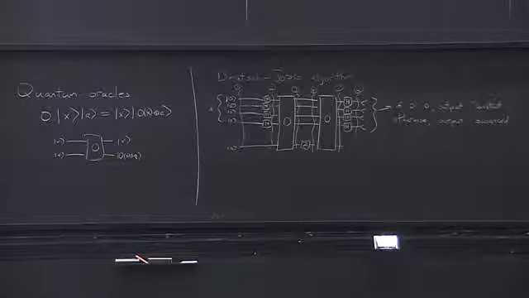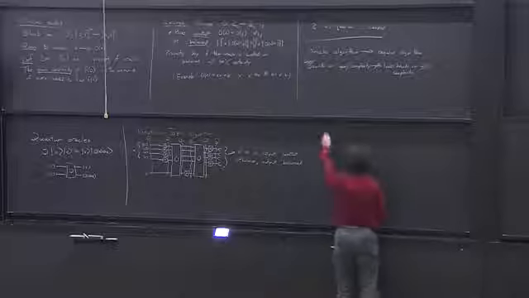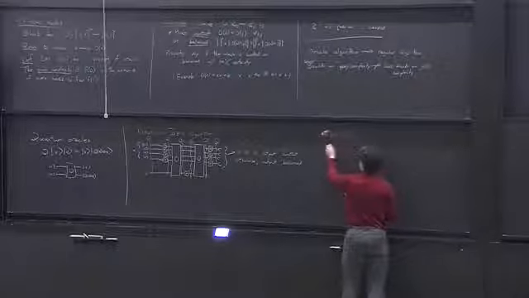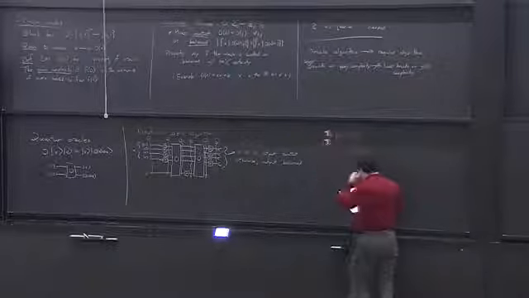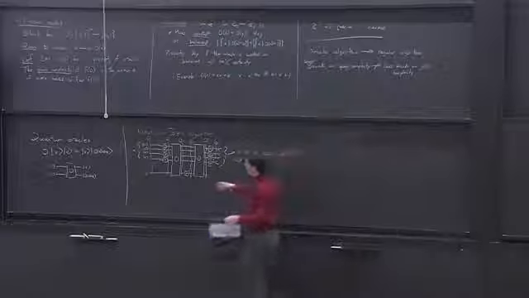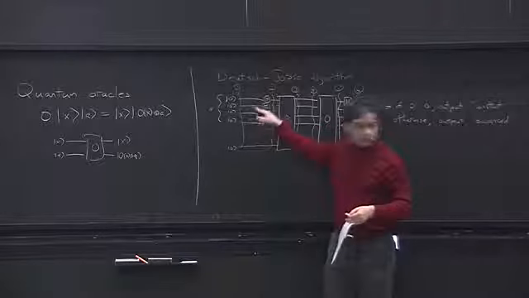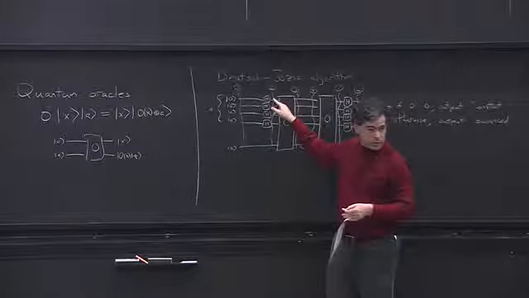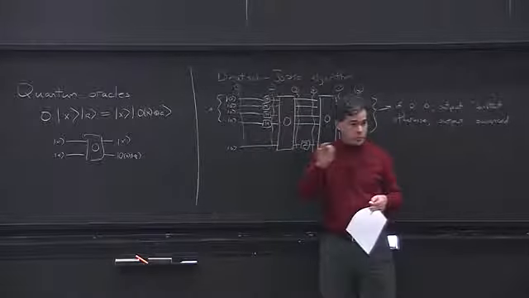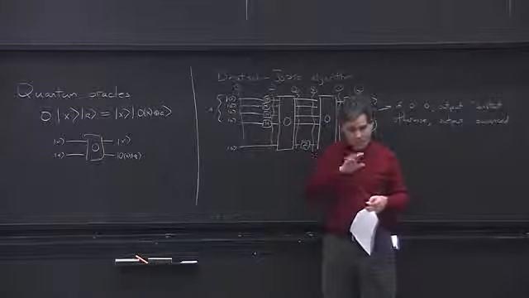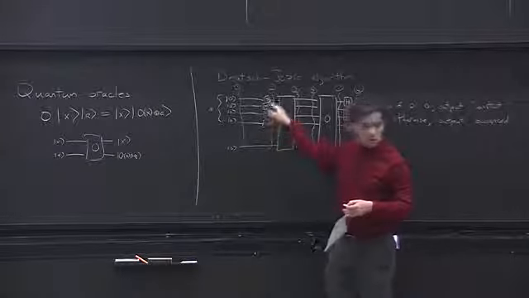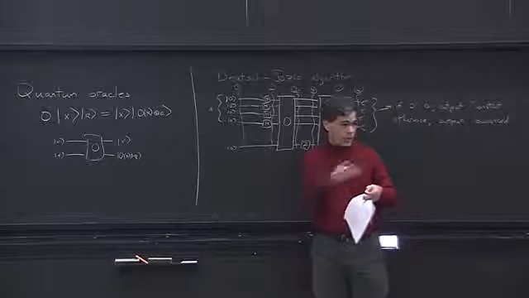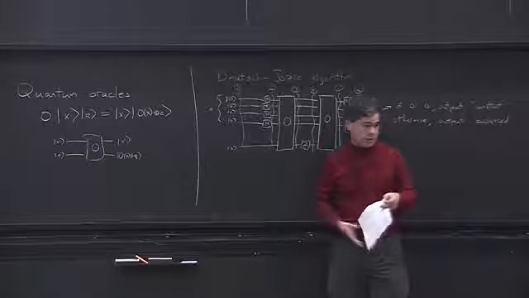Obviously at step 1, we have the state all zeros. And then at step 2, what have we done? Well, we've done the Hadamard transform on these zeros, so each one becomes 0 plus 1. The tensor product of 0 plus 1 means that we could have any bit string on these n qubits, because 0 and 1 are equally likely, so any combination of zeros and ones is equally likely.